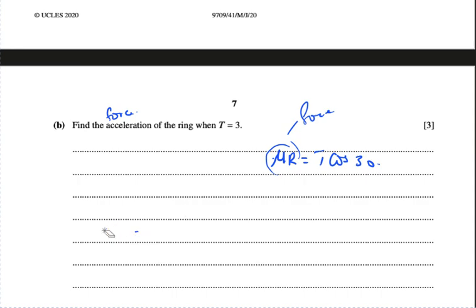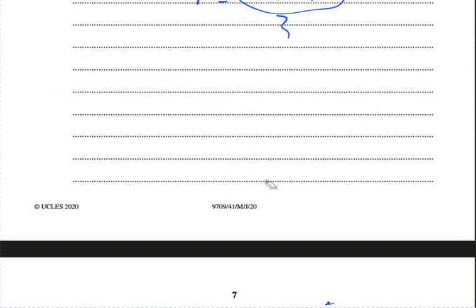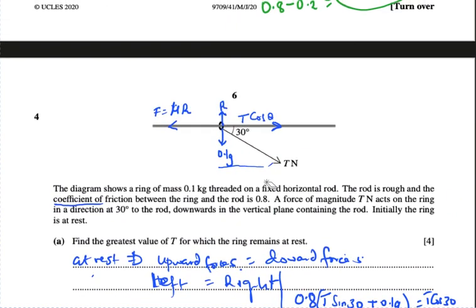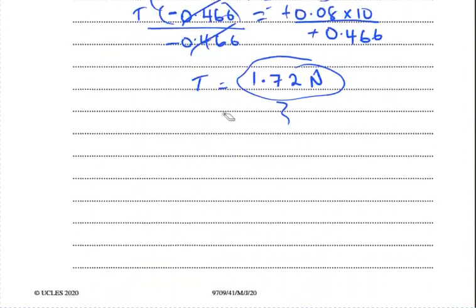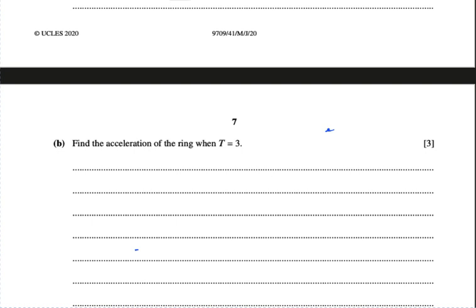Acceleration means motion, it is moving, but it is not going to move in the vertical plane, I beg your pardon, it is going to move in the horizontal plane. So one of these forces must be causing the motion in the horizontal direction, not the vertical direction. Alright, so sorry for that.